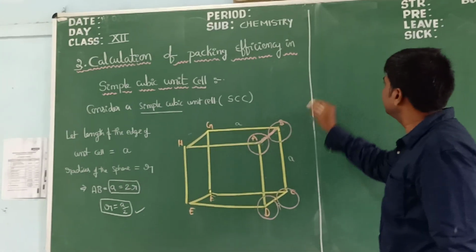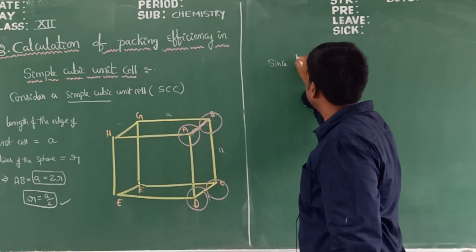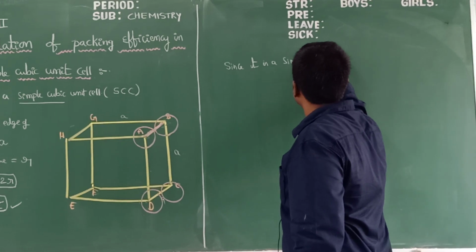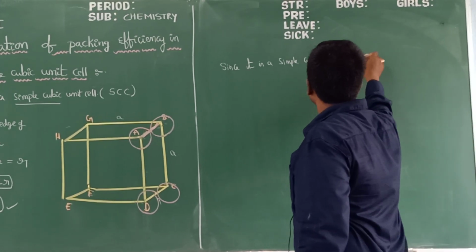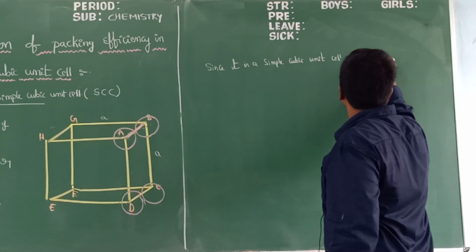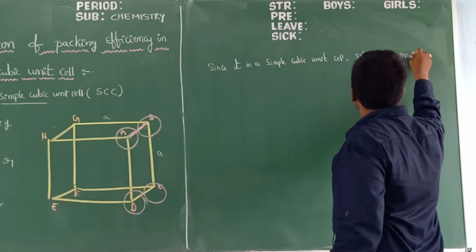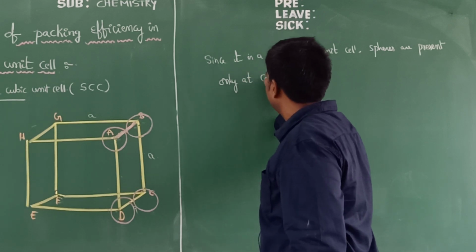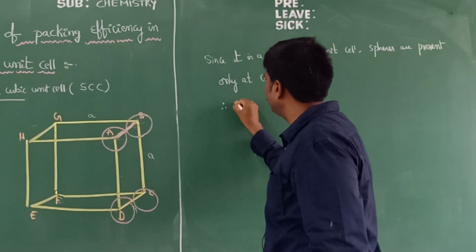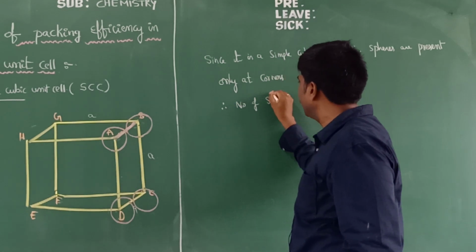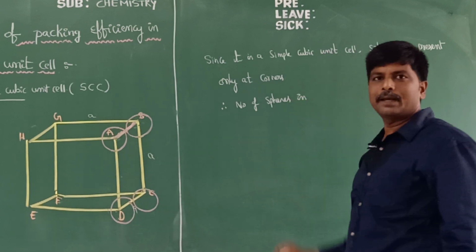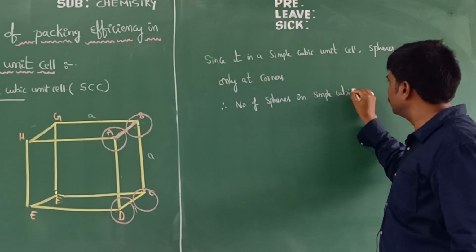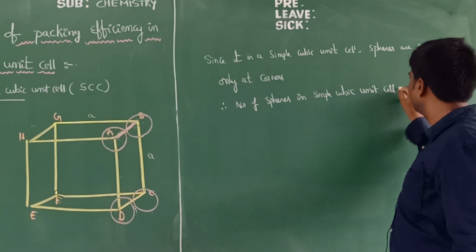Since it is a simple cubic unit cell, spheres are present only at the corners. Therefore, the total number of spheres in the simple cubic unit cell: how many corners? 8.